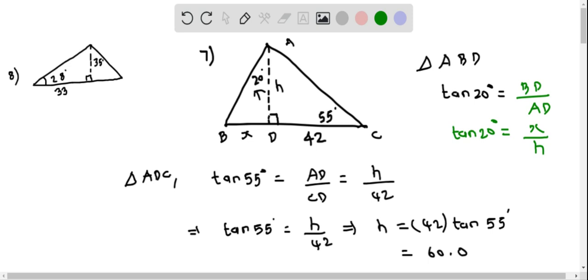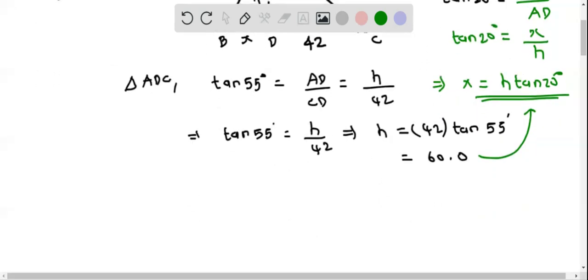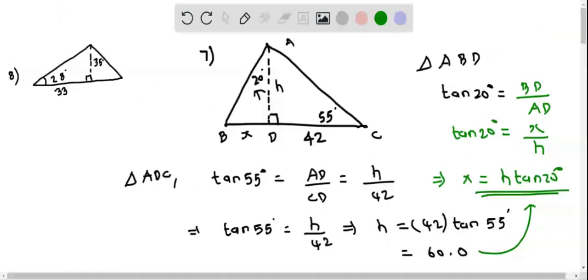So tangent of 20 equals x over h, which means x is equal to h times tangent of 20. Replacing the value of h, x equals 60 times tangent of 20. When you plug this into the calculator, we get 21.8. So we found the height as well as the remaining part of the base.